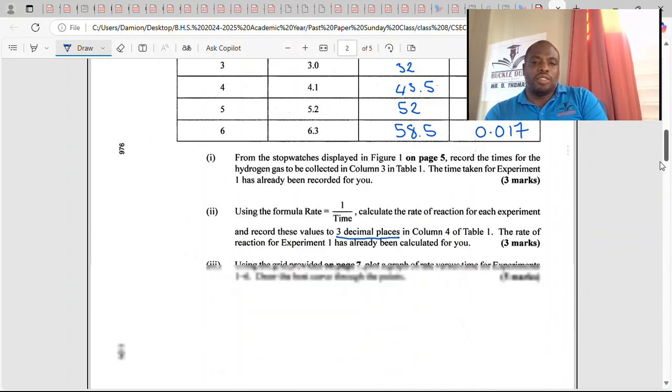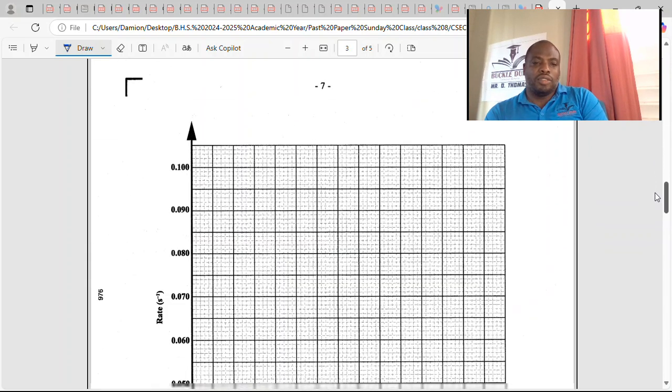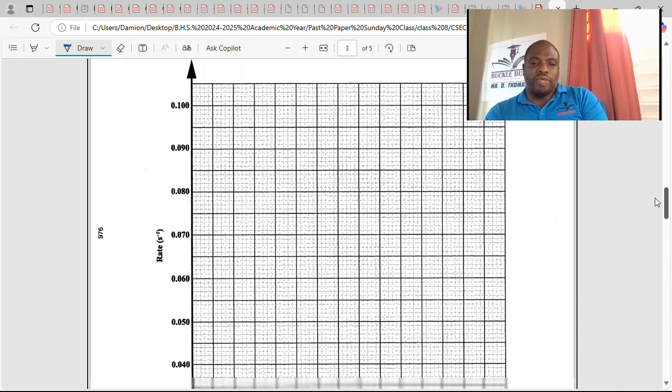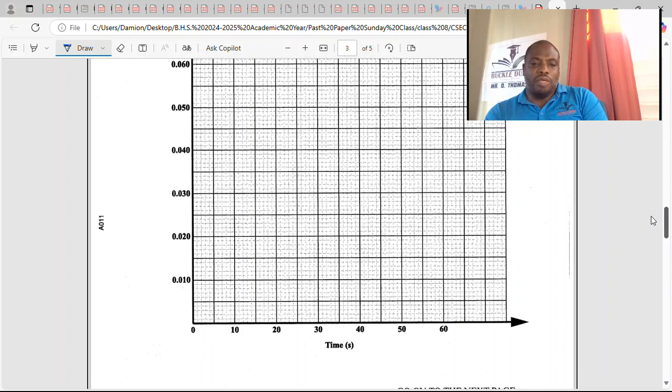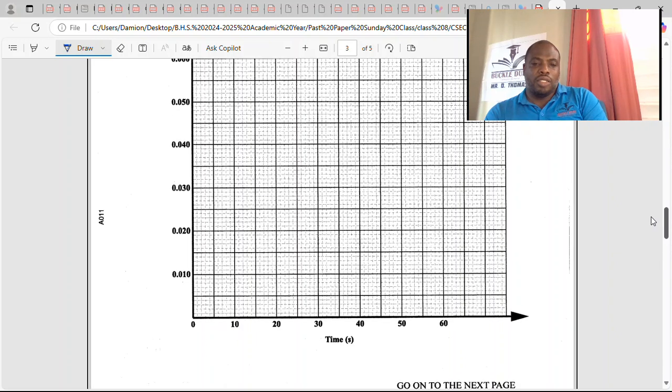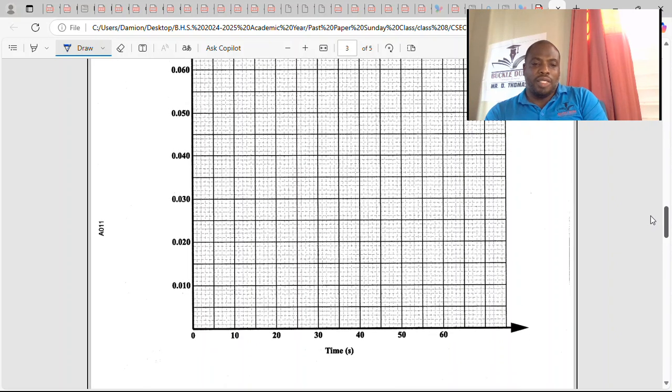All right. So let's see if we can plot it quick and fast. We have the time. First of all, we need to work out the x-axis.